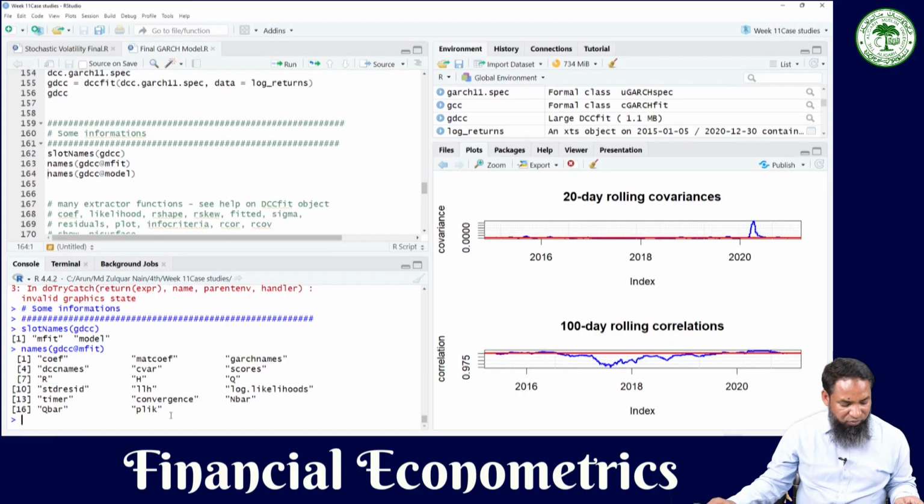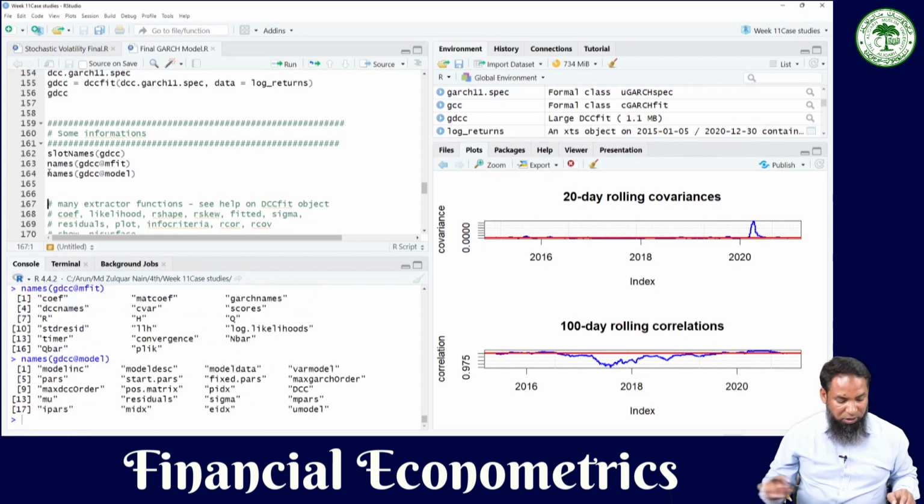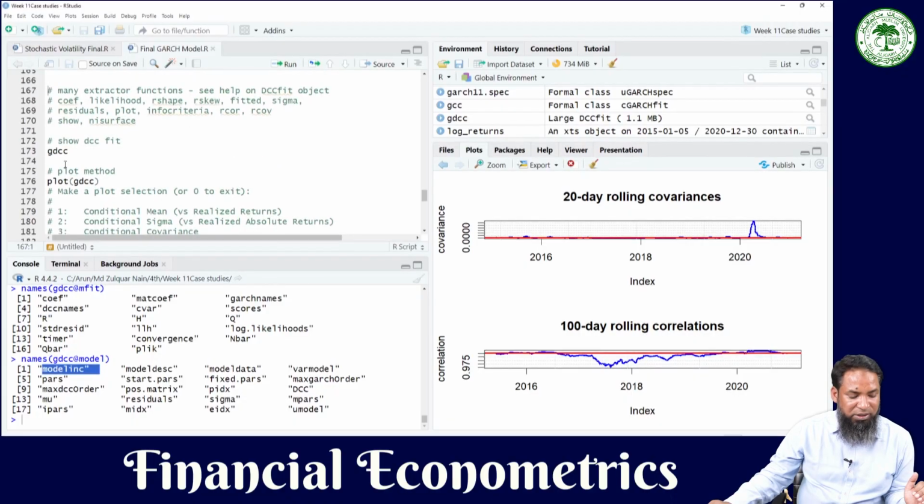All this information is stored in the mfit slot. Similarly, in the model slot we have the model link, model description, data, fix, and sigma. All those pieces of information you can extract.